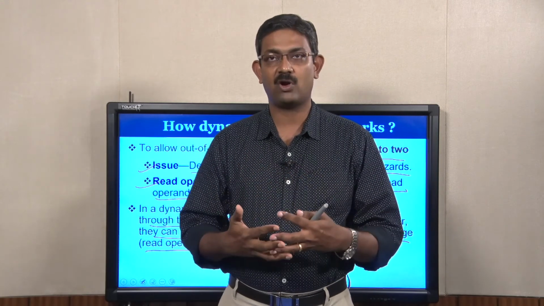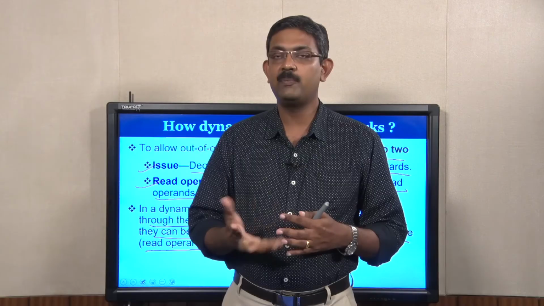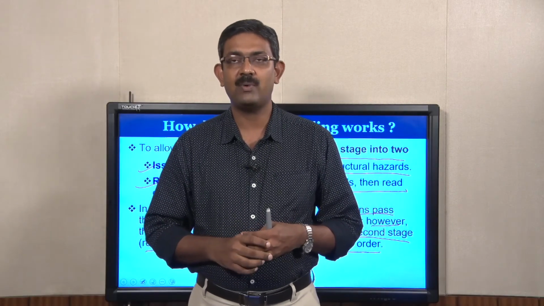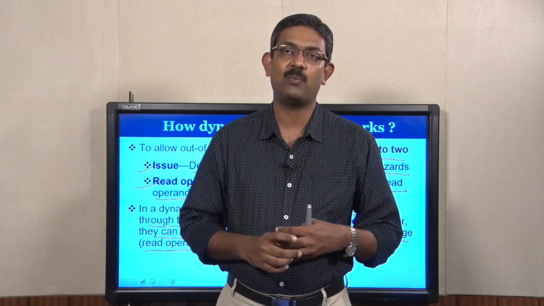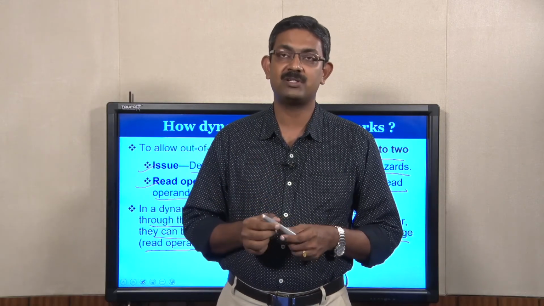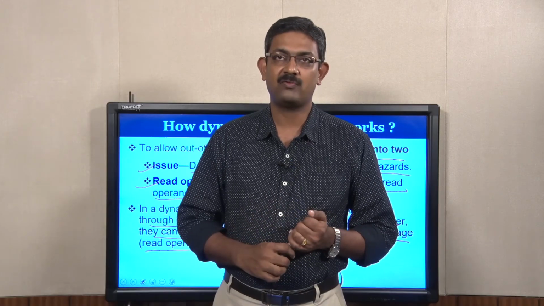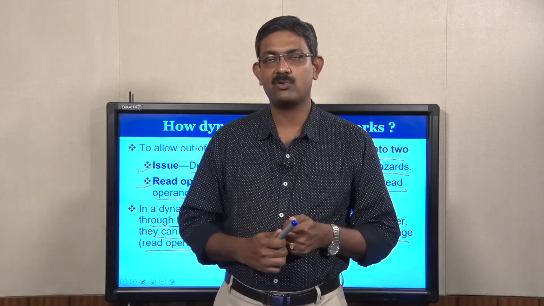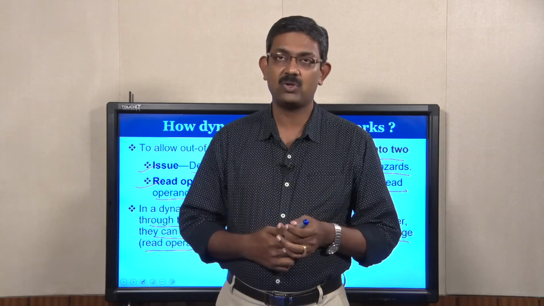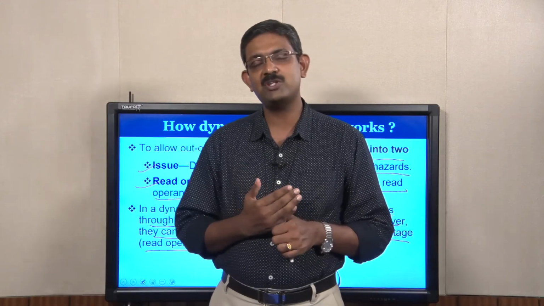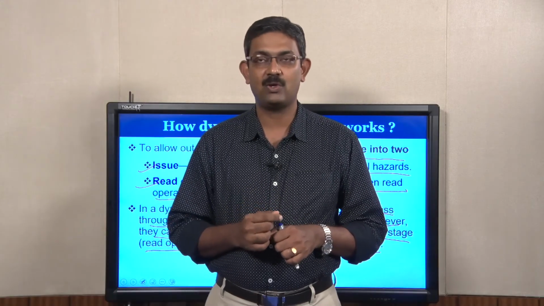So, issue happens in order, and then depending on the availability of the functional unit and the readiness of the operands, you can enter the execution stage in whatever order that you want. That is called execution out of order. When you start execution out of order, instructions can complete out of order also, because the beginning of execution is not in sequence. So, completion of execution also may not be in sequence.